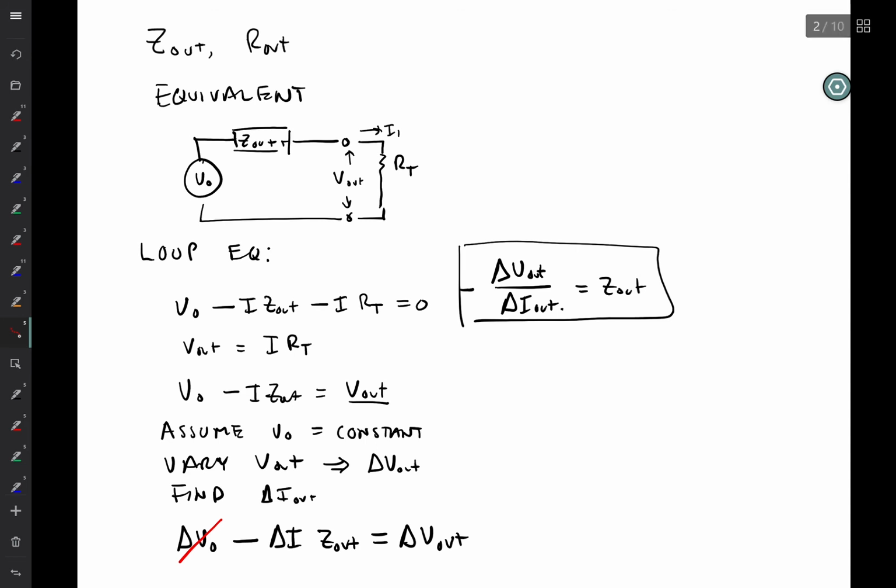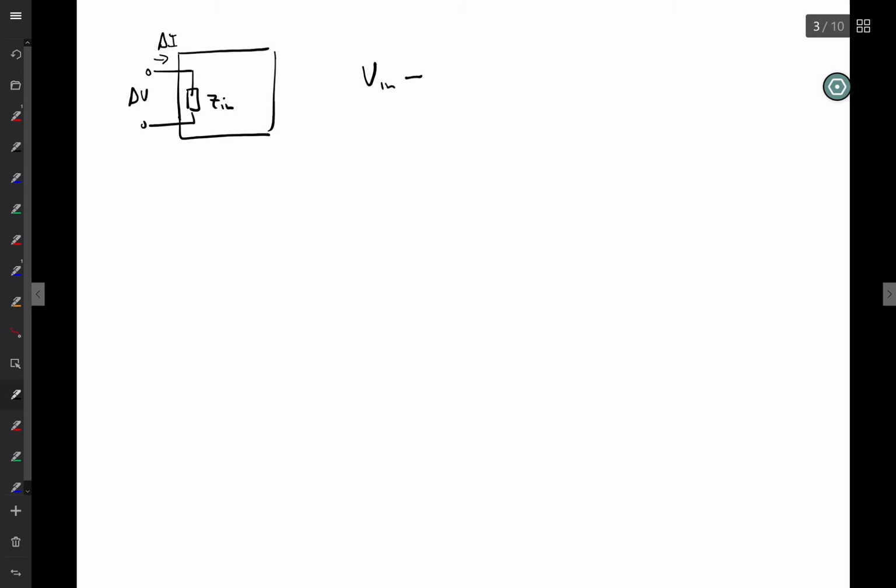For example, if I set up another equivalent, which I'll do as follows. Here's another equivalent. I'm going to say that this has some input impedance, Z in, and I am going to apply some delta V on the input, and I'm going to get a delta I. And by the loop equation, I have V in minus I in times Z in must be equal to 0.